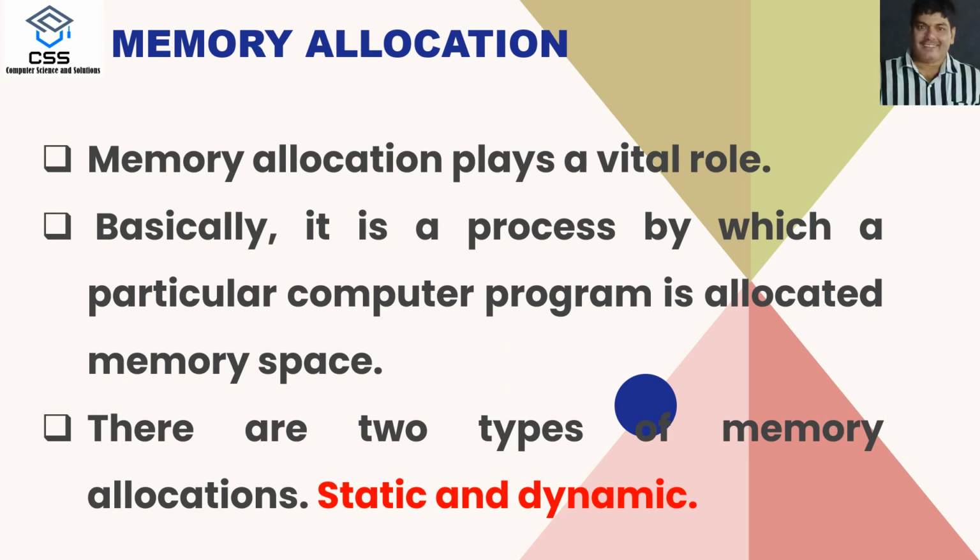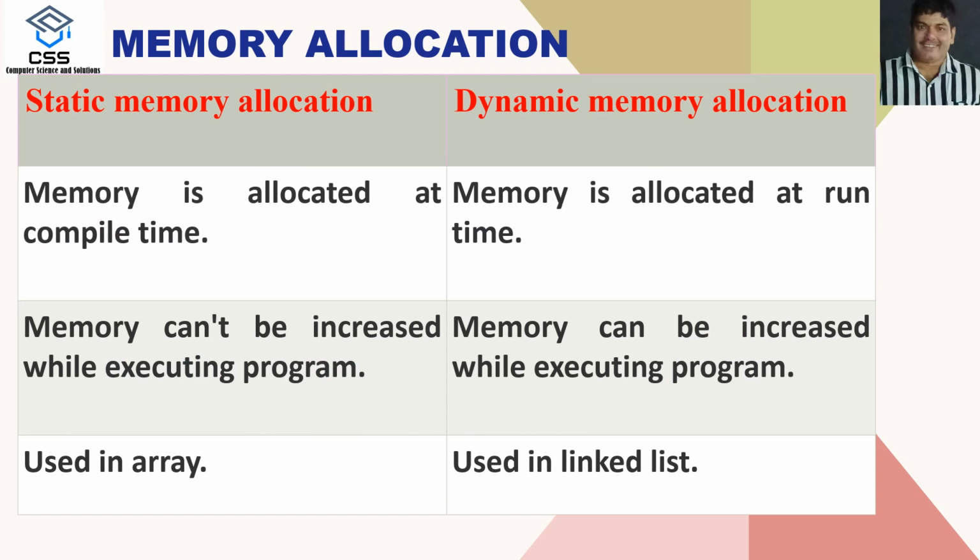Which means how much memory we will take before execution, that is to be allocated, is known as static memory allocation. At the run time, how much memory will be allocated is decided, that is known as dynamic memory allocation. So memory allocation is of two types: one is static memory allocation, one is dynamic memory allocation.